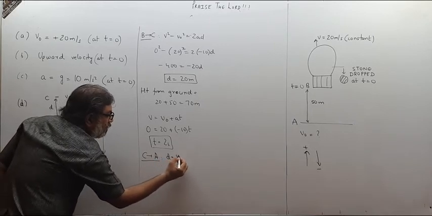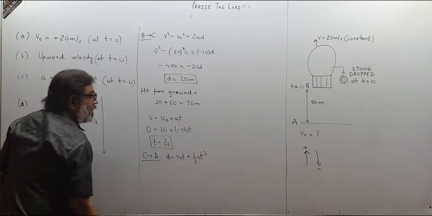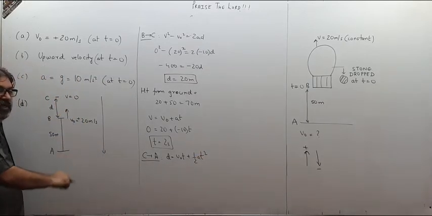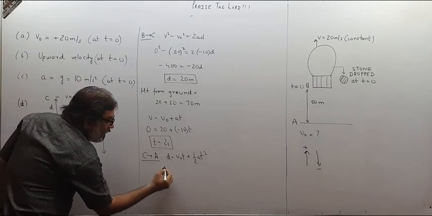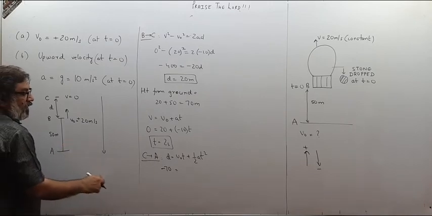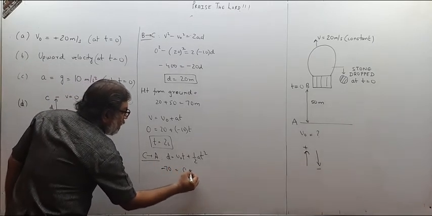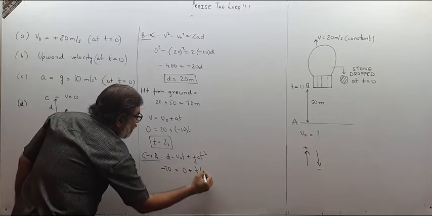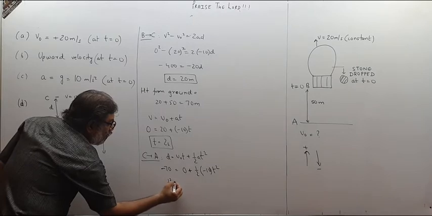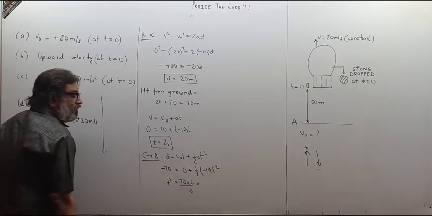So d equal to v0t plus half at square. Displacement will be how much? This is 20 plus 50, 70 in downward direction. So that is minus 70. Initial velocity, I am talking from C to A, is 0, plus half, acceleration minus 10, and t square. So t square becomes 2 times 70 upon 10, minus minus gone.